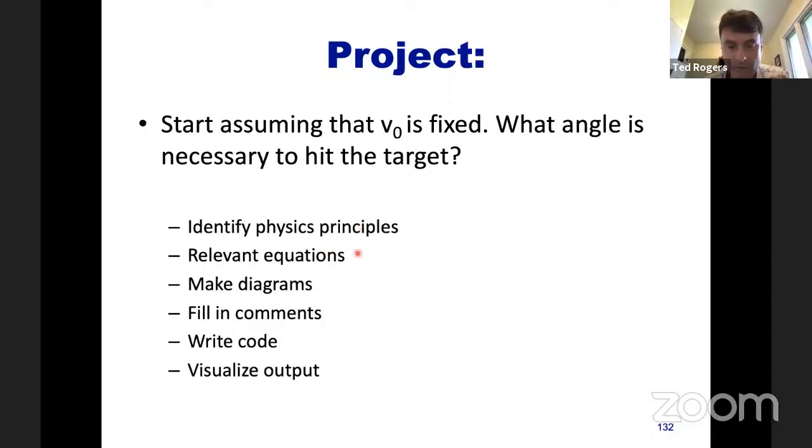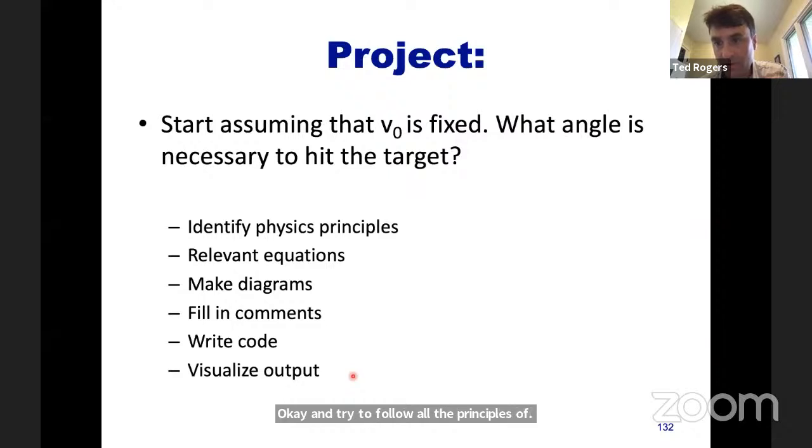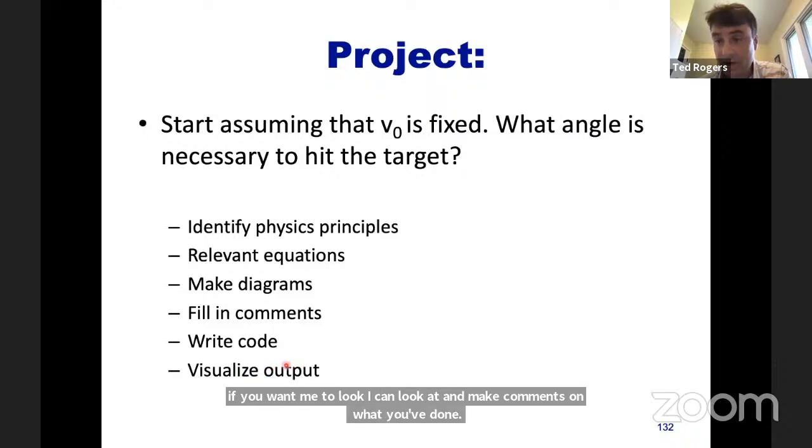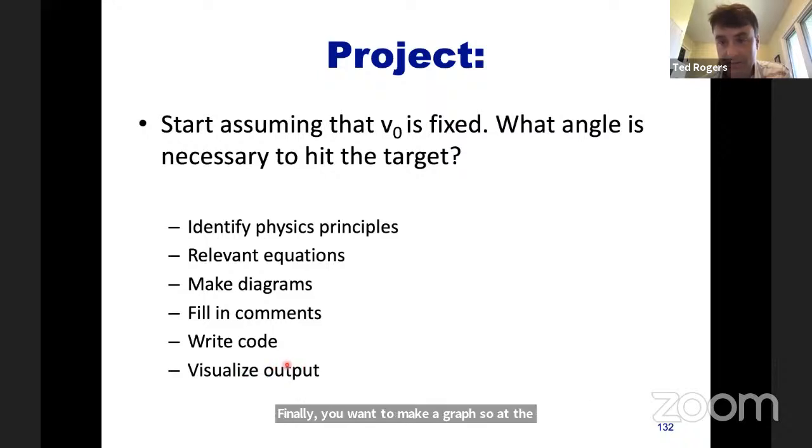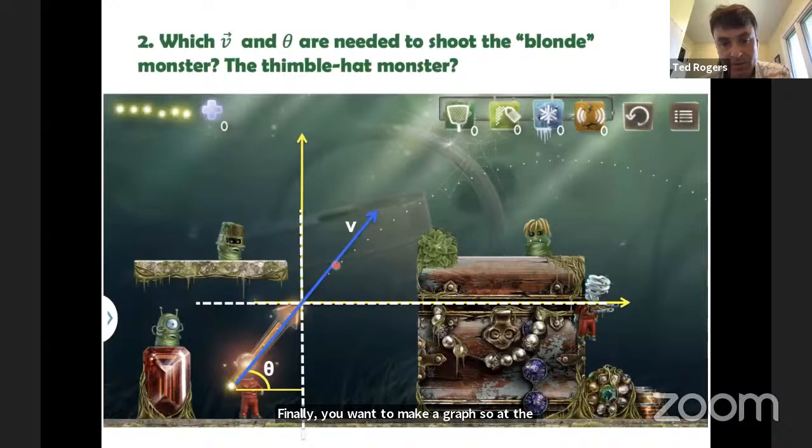Okay, and try to follow all the principles of good project design that I have highlighted so far. And if you want me to look, I can look and make comments on what you've done. Finally, you want to make a graph. So at the end, you'd like to be able to see a trajectory drawn like this and verify that it actually does hit the coordinate that you want it to hit, namely where the monster is sitting.